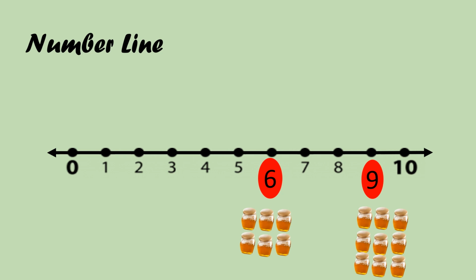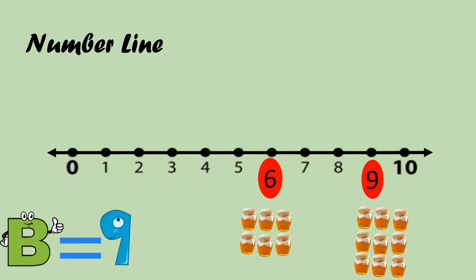Now, in order to find the number of jars produced by Mrs. B, we just take out these 6 honey jars from the 9 honey jars. In other words, we find the unknown B. And since we take out 6 from 9, then B is equal to 9 honey jars minus the 6 honey jars produced by the first bee.